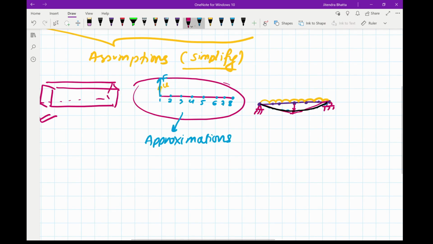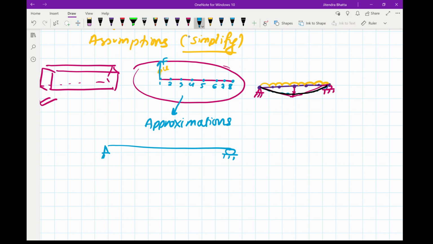Now, as you can see above, we have a beam which has been discretized into different segments by these nodes. These are called nodes, and these parts which are separated by the nodes are called elements.